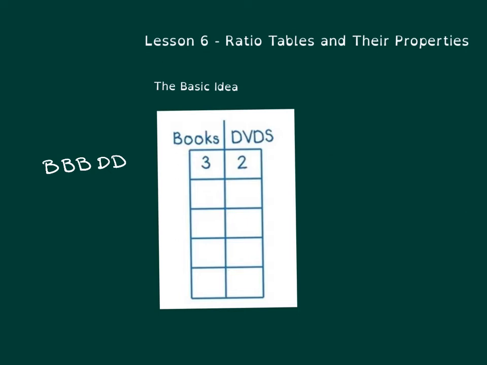Now, I want to just continue to make other equivalent ratios. So if my relationship is 3 to 2, then I also know that if I add another set of 3 and another set of 2, then another equivalent ratio is going to be 6 to 4.